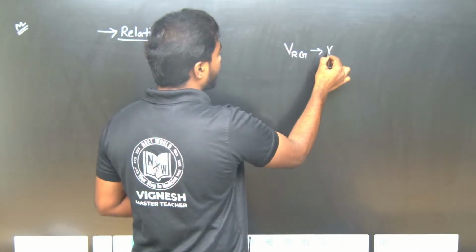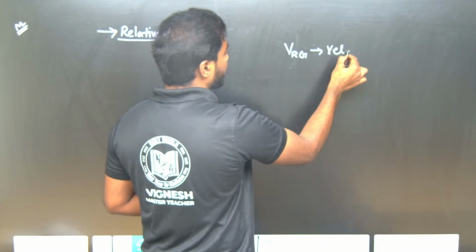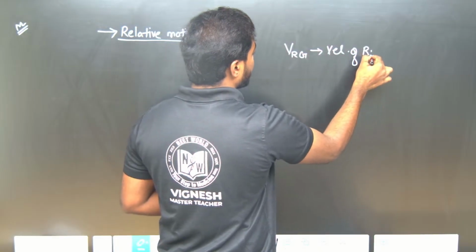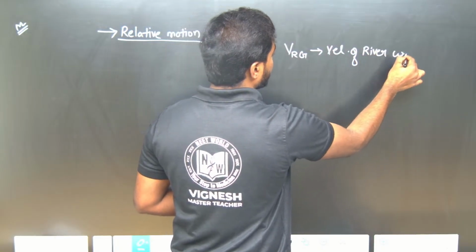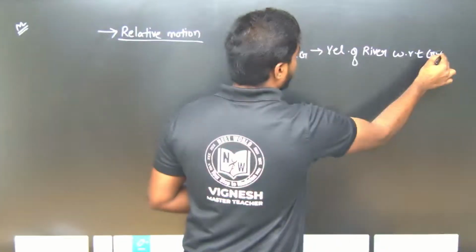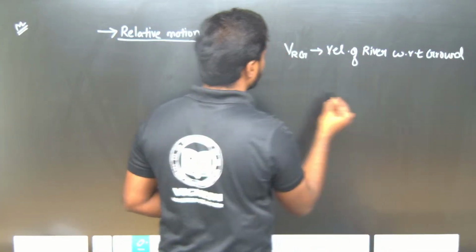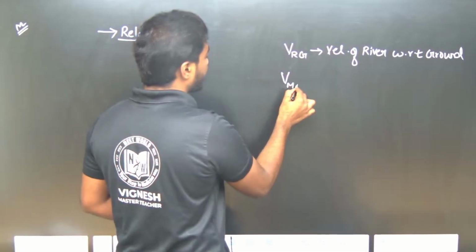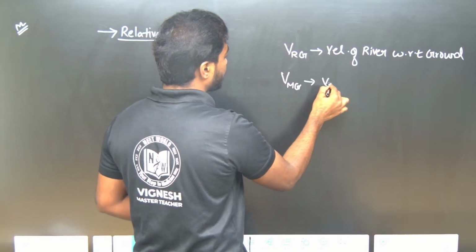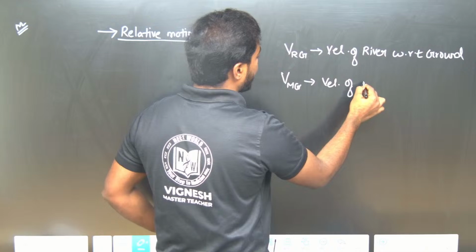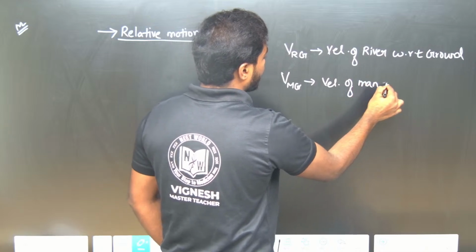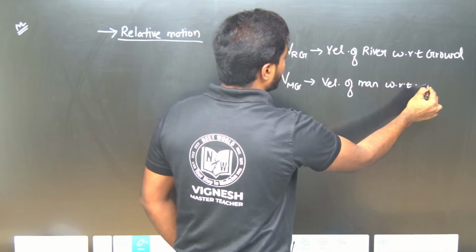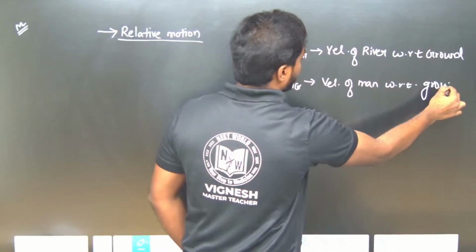The main thing you first need to understand is the velocity of the river with respect to ground, which I write as VRG. Next, the velocity of man with respect to ground.